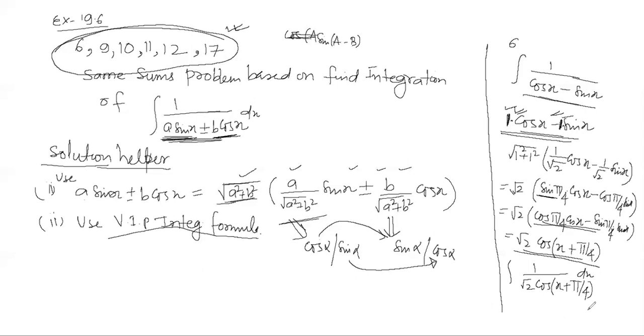You well know the VIP integration. If you are a new viewer, please go to my previous lecture and see what VIP integration is, which I have provided in lecture number 17 or 18. After that you jump here, okay?